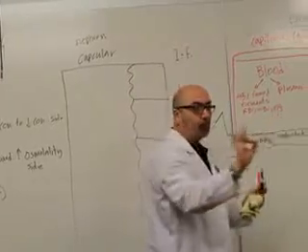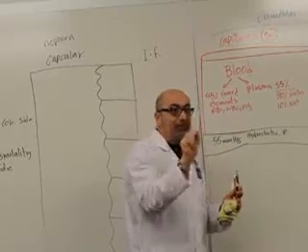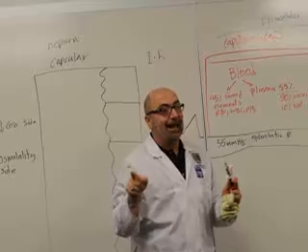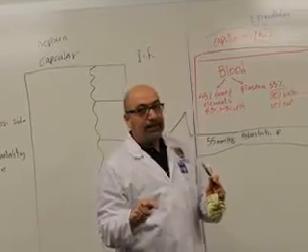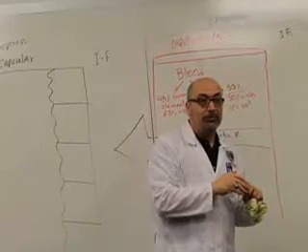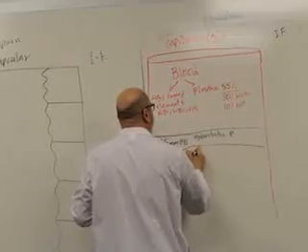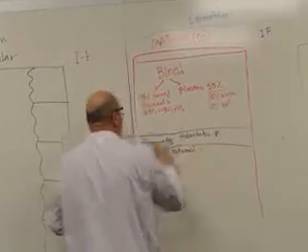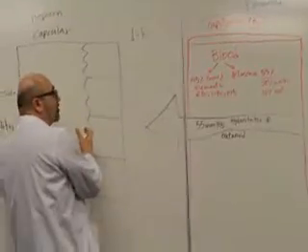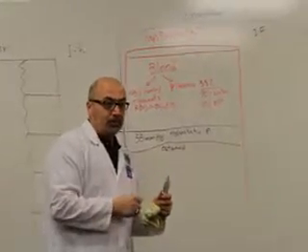So the term outward versus inward uses capillaries as reference. So if you're going out of the capillary, you call that outward. And if you're going into the capillary, you call that inward, right? So this is the outward force at 55 millimeter of mercury pressure, and then it's going to be opposed by two inward pressures.